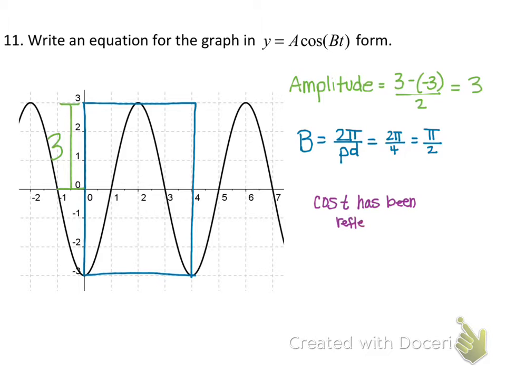So if you make a note of that, you will add it to your equation. So my equation is going to be y equals -3. So there's my reflection, 3 is my amplitude, cosine of pi over 2, which is my b value, times t.